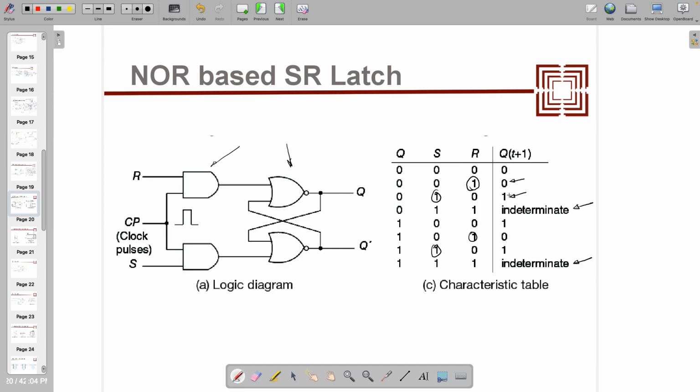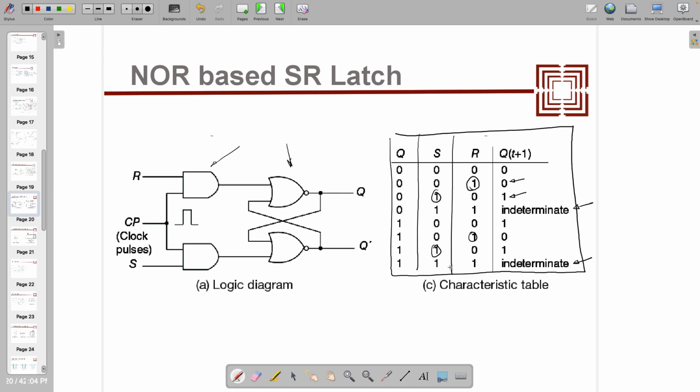However, set and reset will stay at the same place. That is what is kept over here. And this table is also known as the function table as well as the characteristic table. Through this you can find out Q t plus 1 in terms of Q, S and R.